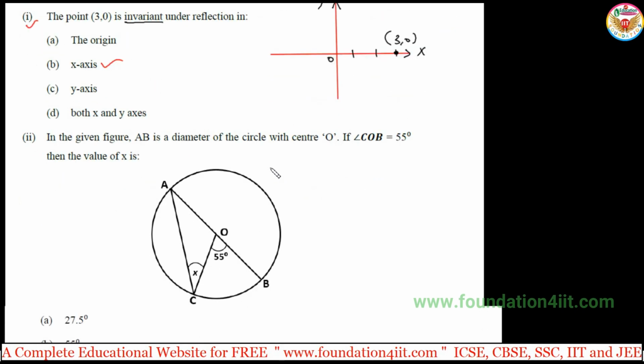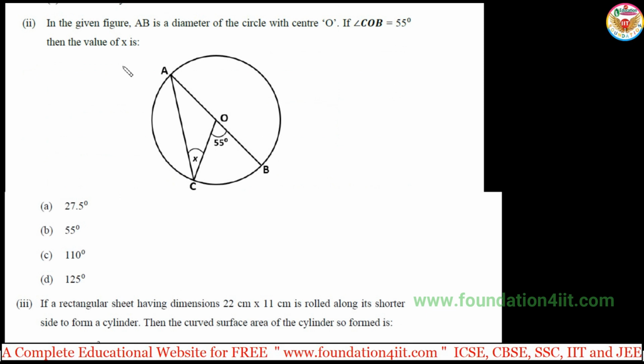Question number 2. In the given figure, AB is the diameter of circle with center O. If angle COB is given 55 degrees, then the value of x. Remember, the radius is equal in a circle. OA and OC is equal. If it is x, this also is x only again. And this segment property: angle subtended by an arc at the center of the circle is double the remaining part of the circle.